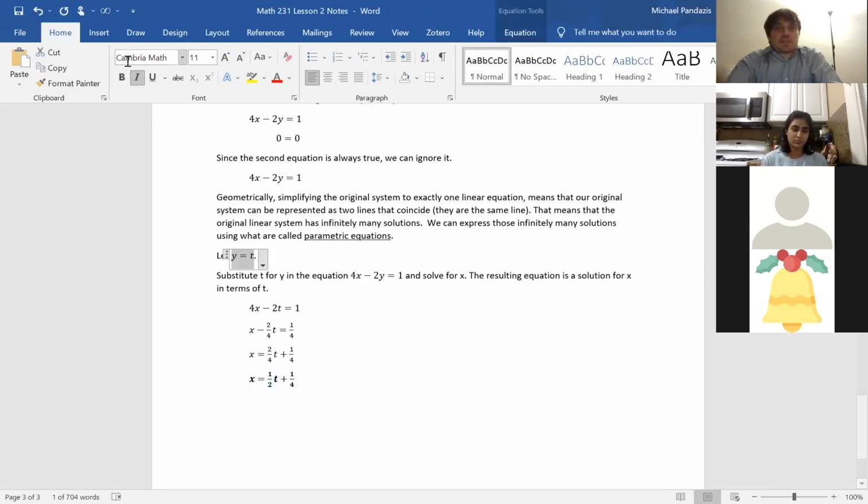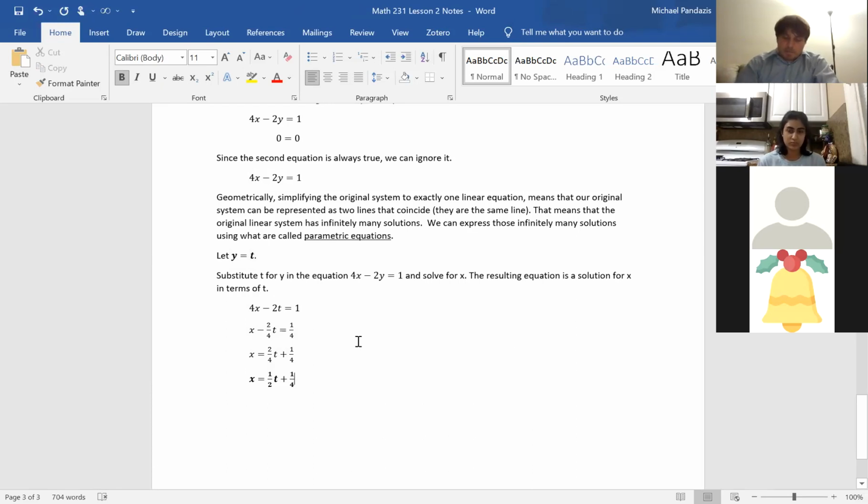Our original assignment of y to t means that we've already represented y using t, and now we've represented x using only t. So here, this one line with two variables in it, we can express both x and y in terms of only one other variable t. And so that's an example of parametric equations.